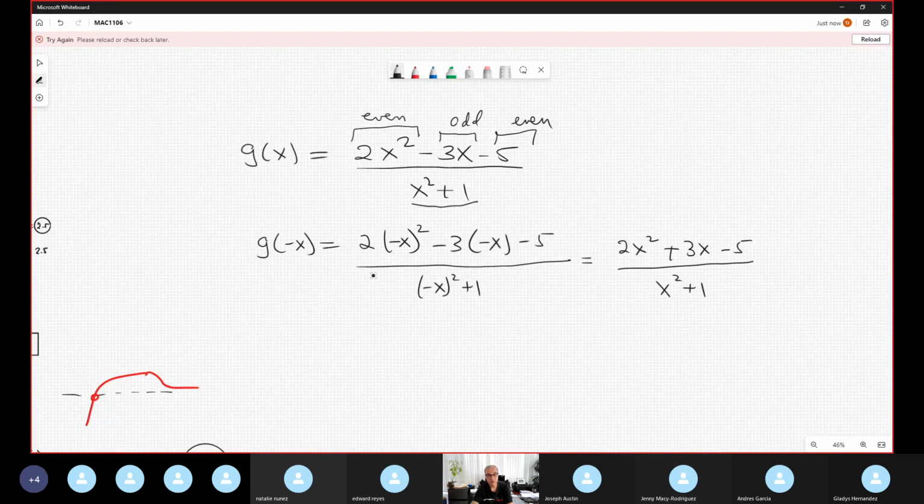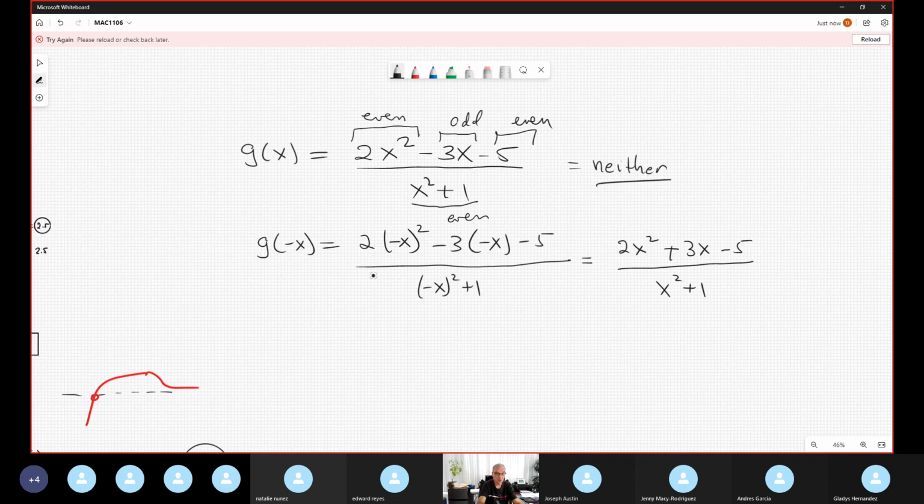So the combination, not always but frequently, of even and odd is neither. So we have no symmetry. Therefore, no problem. The only disadvantage is that I need to evaluate the positive part and the negative part separately.